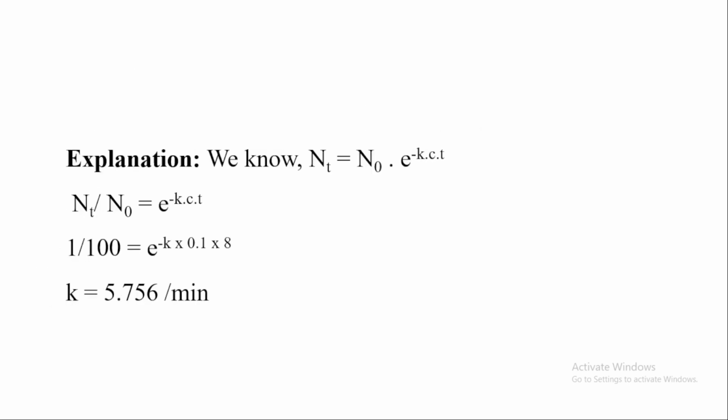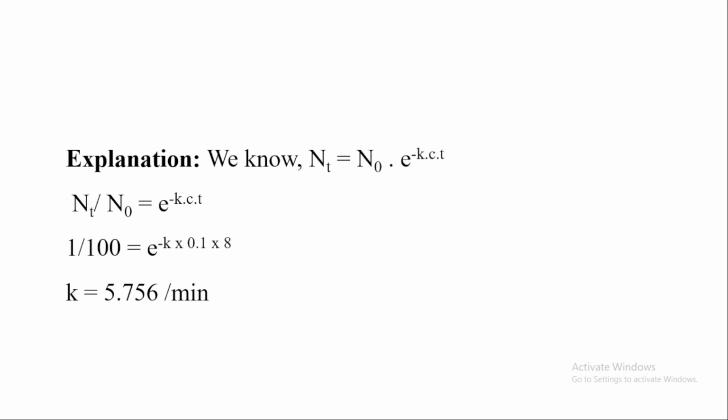We know that Nt is equal to N0 multiplied by e raised to the power of minus k into c into t. So, k is the disinfection rate constant, c is the concentration of the applied chlorine, and t is the time taken for the bacteria to get killed.